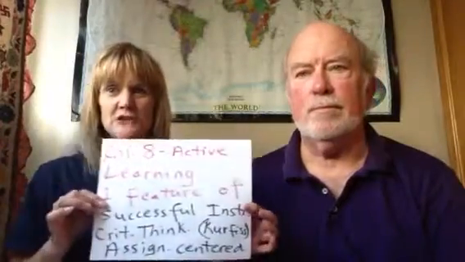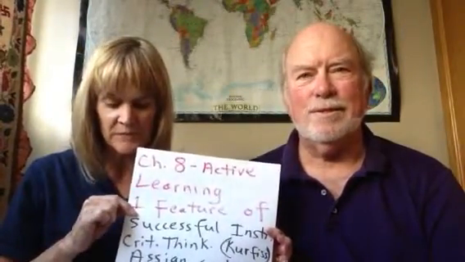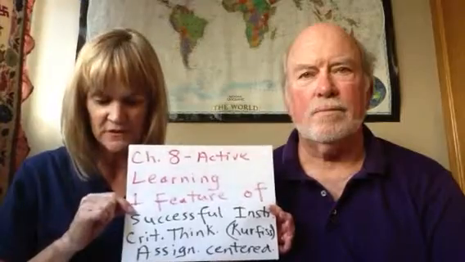Before he talks about the questions for the video, the SLOs, and what he's going to be doing, I just wanted to mention that we looked at Chapter 8 in looking at the course design, and I thought there were a couple of aspects that were quite relevant here. One is that our course already being online, and Carl being the type of teacher he is, the course already is assignment centered, which is what this active learning chapter talks about.